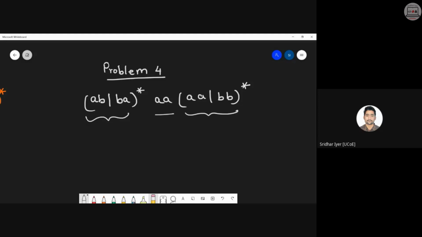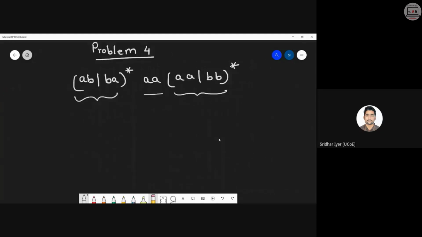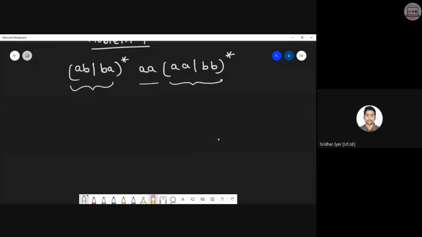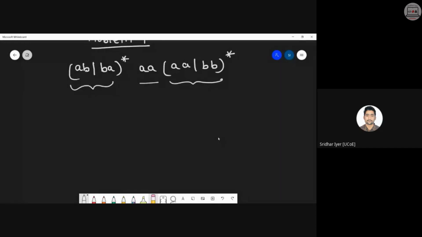At the end, kindly let me know how many states you're getting. I will simply draw it directly. Okay, it is AB plus BA ka closure, then AA followed by AA plus BB ka closure. Okay, I'm just giving the structure. I'm not drawing the complete diagram.